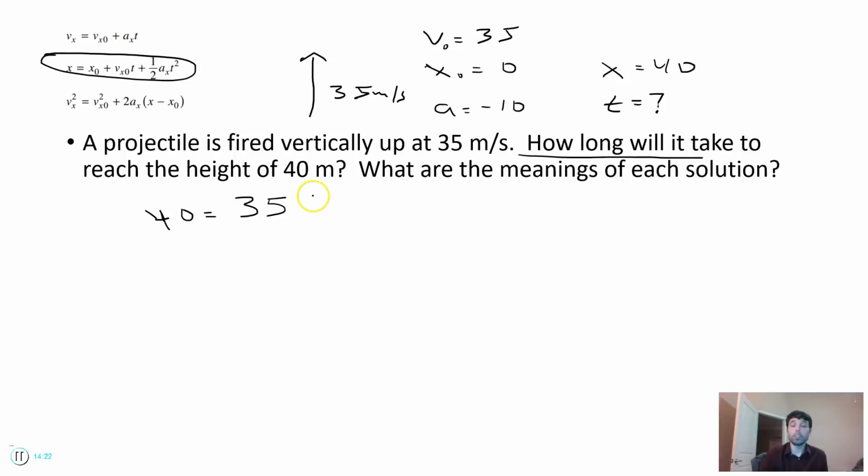Just kidding. Okay. 35 times t, which we don't know. And then we're going to do plus 1/2 times a is 5, so I'm just going to write 5. Or, sorry, minus 5, shouldn't it be? Should be minus 5, sorry. Because we know that that's going to be a negative. Minus 5. And then, let's see, times t squared.